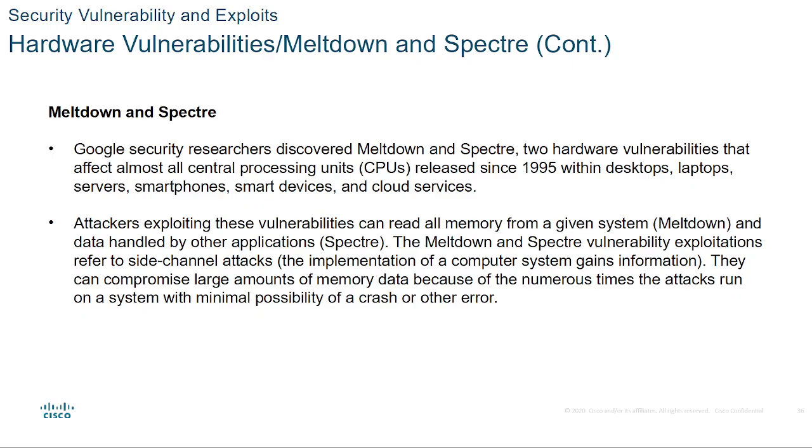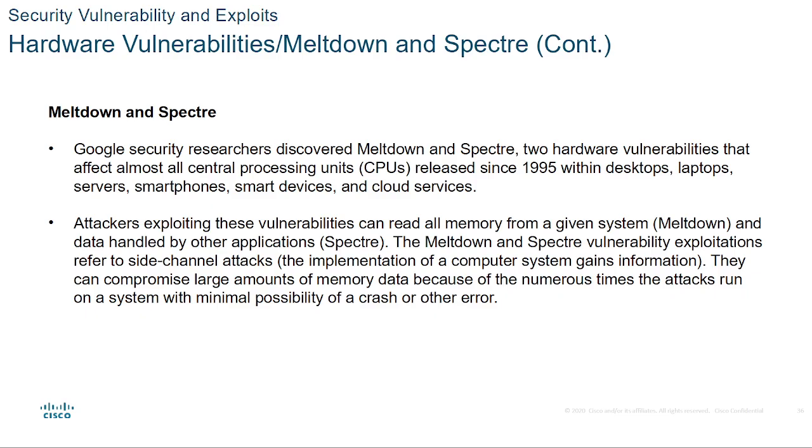Looking at the Meltdown aspect more deeply, Google security researchers discovered Meltdown and Spectre as two hardware vulnerabilities that affect almost all CPUs released since 1995 in desktops, laptops, servers, smartphones, smart devices, and cloud services. Attackers exploiting these vulnerabilities can read all memory from a given system, including data handled by other applications, which is called Spectre.